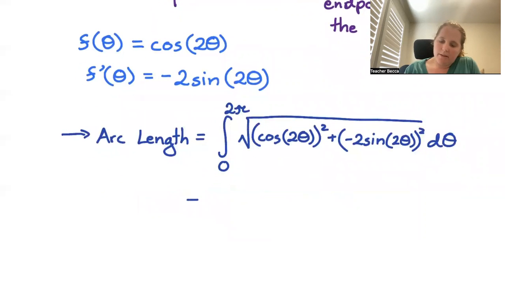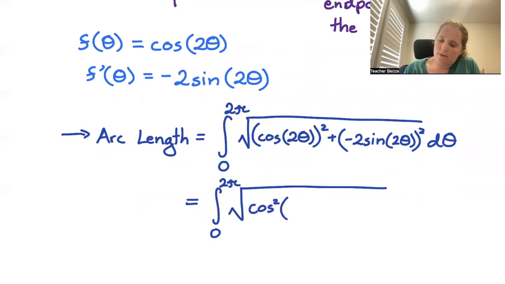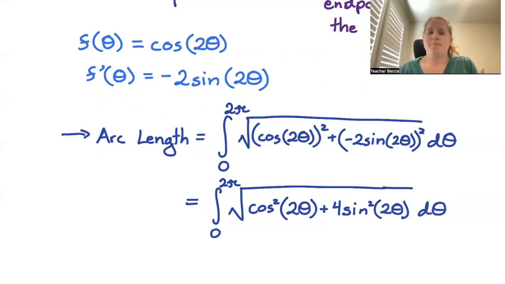So we could rewrite this as the definite integral from 0 to 2 pi of the square root of cosine squared of 2 theta plus 4 times sine squared of 2 theta, and then d theta. I'm going to go ahead and just plug this into Desmos, and we will see what we get.